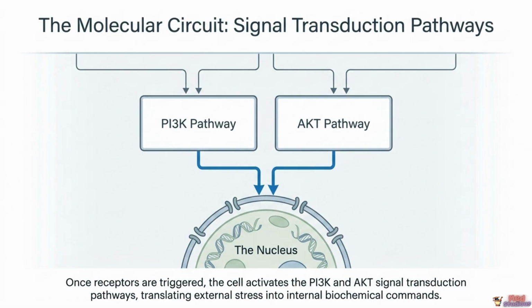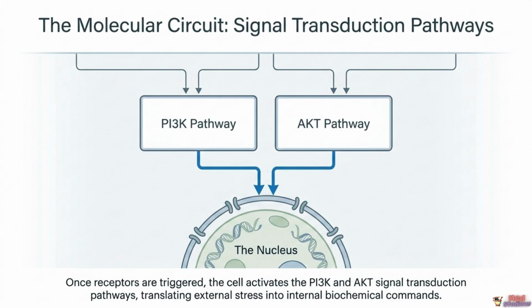Specifically, AKT activates mTOR, the mechanistic target of rapamycin, which is the key regulator of protein synthesis in the cell. mTOR activation accelerates ribosomal activity and increases the rate of translation of growth-related mRNAs into new proteins.